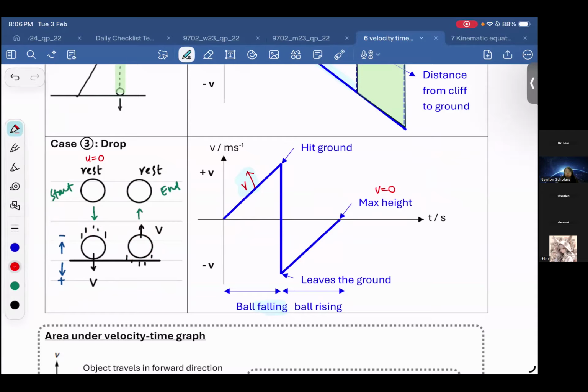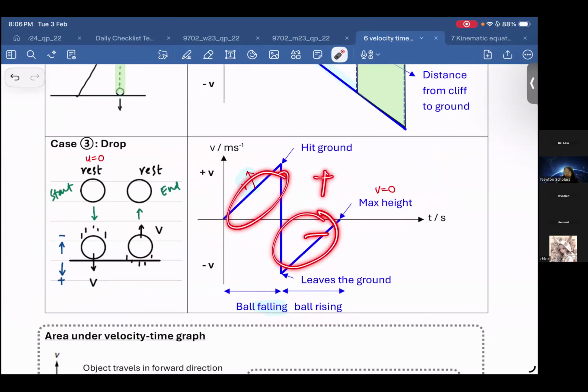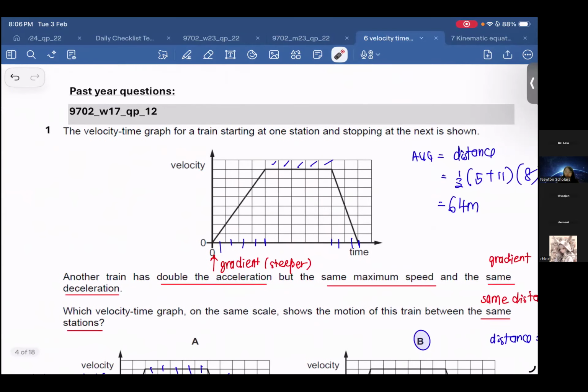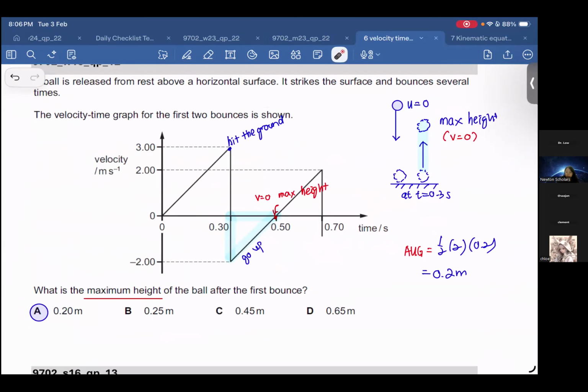The front part is the object falling. The second region at the bottom is the object rising. Can you see that? Falling and rising are in opposite directions. That's why it forms two regions, a positive area and a negative area. So this is the method for interpreting the question just now. This one is going down, here is going up, opposite directions.